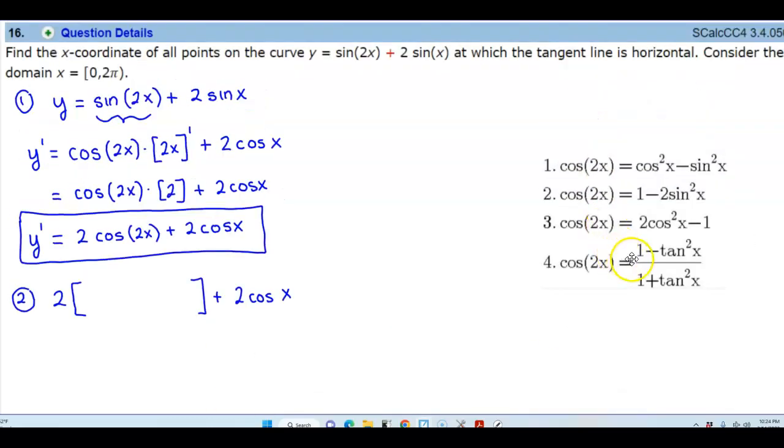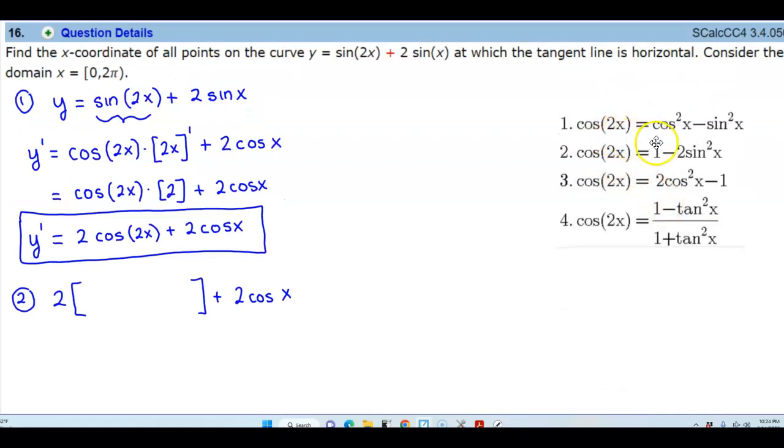So here's an identity. We have the cosine of 2x, which is cosine squared x minus sine squared x, or 1 minus 2 sine squared x, or cosine 2x is 2 cosine squared x minus 1, and then the following.